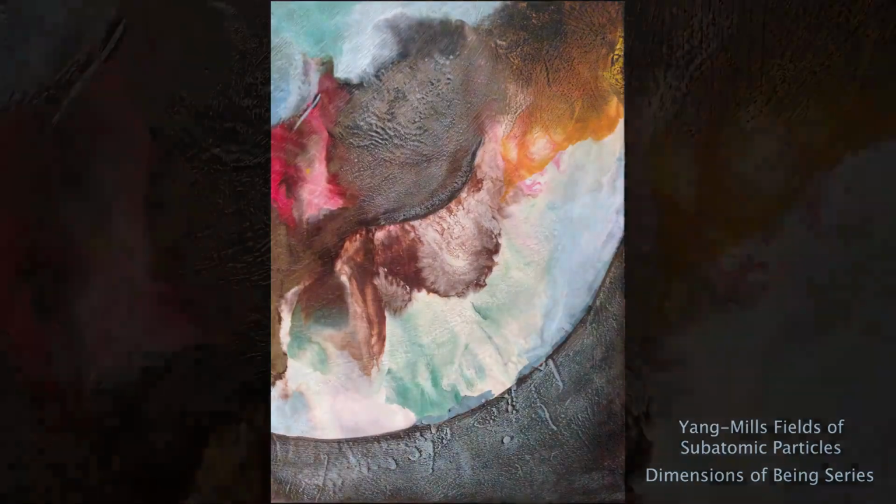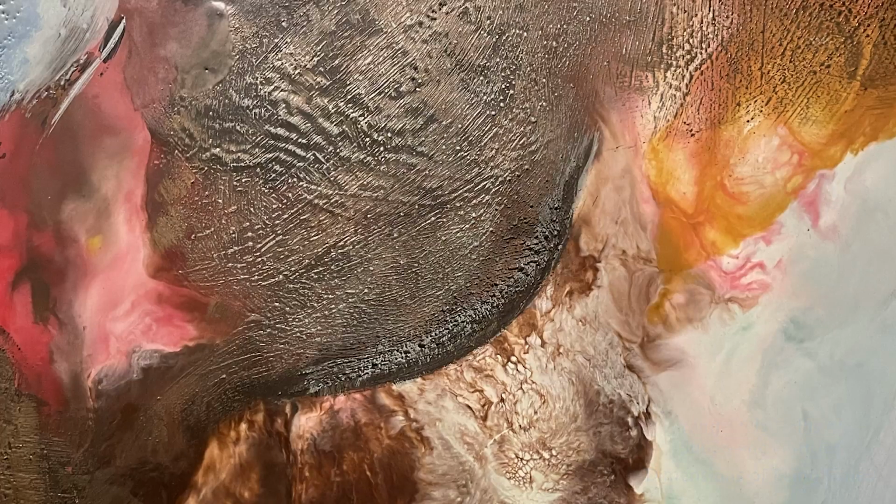subatomic structures. The umber enamel spray paint on the reverse side serves to selectively obscure and ground certain areas, creating a dramatic contrast between opaque, dense forms and the luminous, translucent passages of encaustic. This technique enhances the illusion of depth, suggesting vast cosmic spaces and microscopic realms simultaneously.